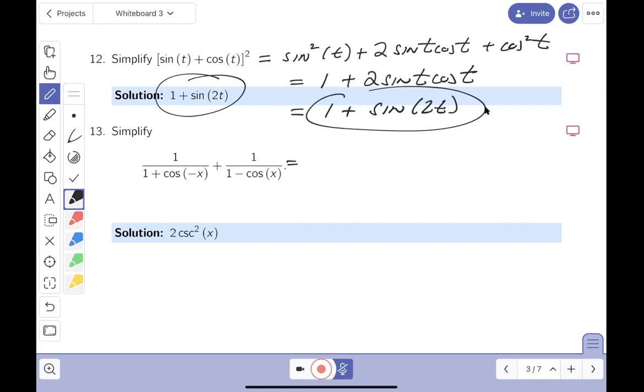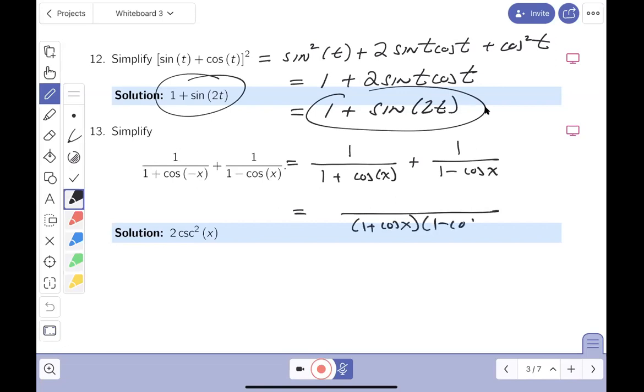Let's go to the next one. Ooh, this looks strange. This would be 1. Let's see, cosine of minus x is the same thing as cosine of x. It's an even function. Plus 1 over 1 minus cosine of x. Common denominator, we'll do that later.